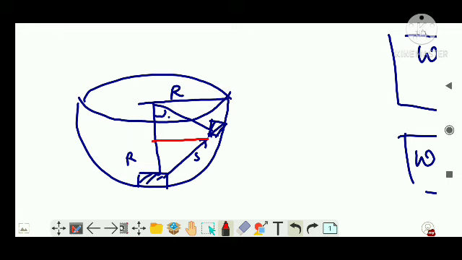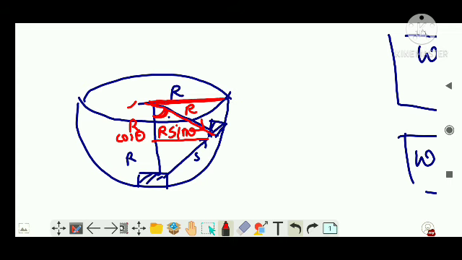So this R is also a vector, right? Clear? If this is the radius, this is also the radius to the surface, so this is also the radius. This is an angle theta, so this will be R cos theta, and then this will be R sin theta.